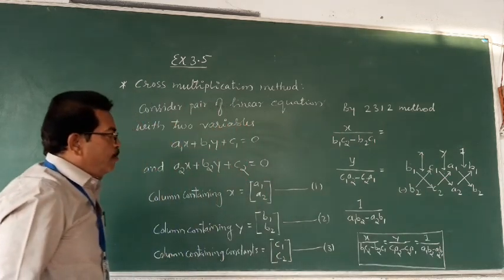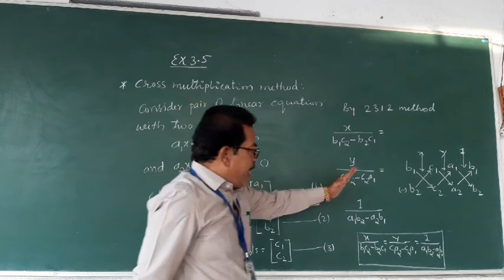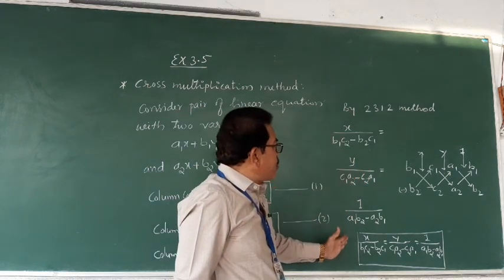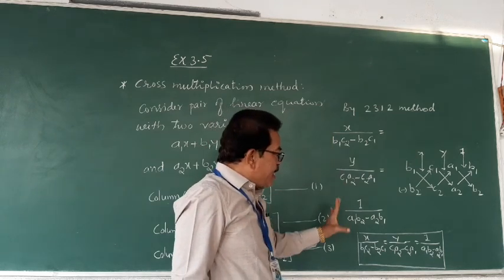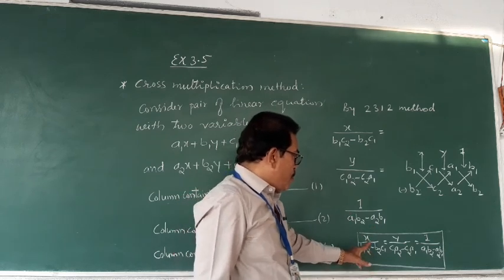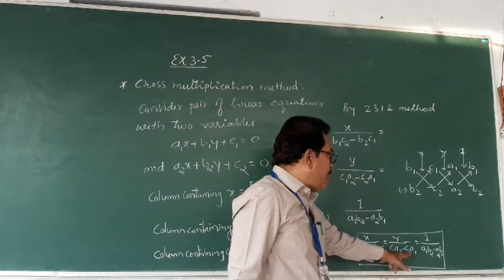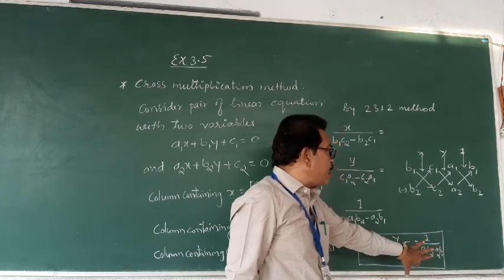First you write down this method, and the final representation of the cross multiplication method in a single format is x divided by b1 c2 minus b2 c1, y divided by c1 a2 minus c2 a1, 1 divided by a1 b2 minus a2 b1.